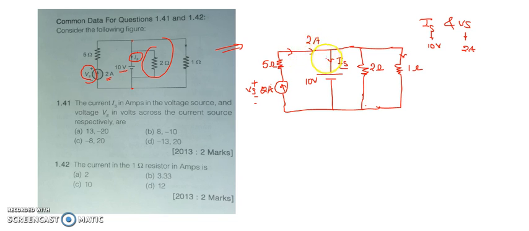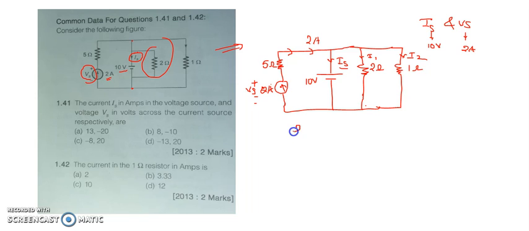This 2 amperes of current is dividing into 3 sections, because here 3 parallel branches are there. IS is already given, and I am taking this one as I1 and this one as I2, right? So now this 2 amperes of current is dividing into the 3 sections, IS, I1 and I2.